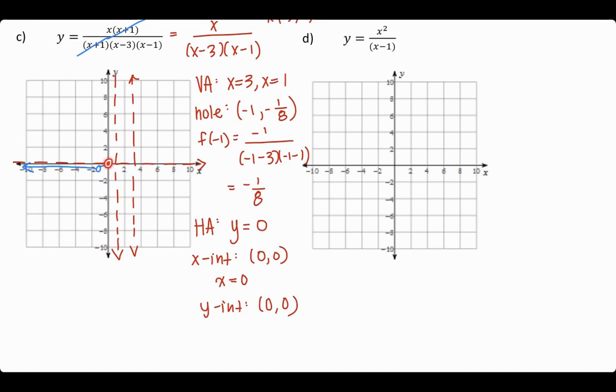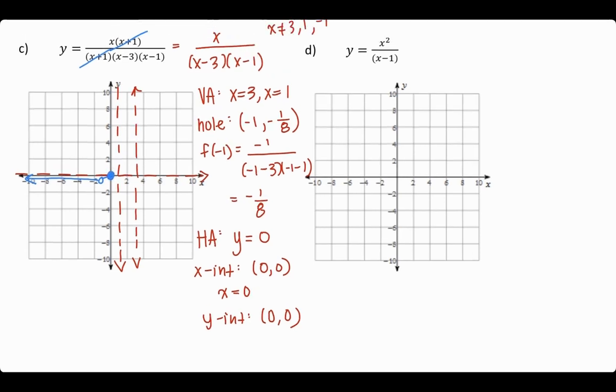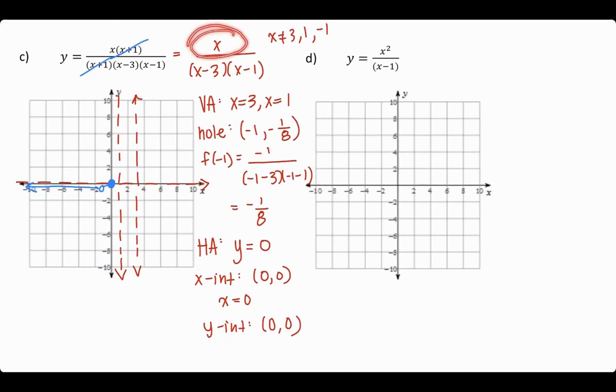How many factors in my numerator gave me x equals 0? This right here is just an x. It's not an x times x. So if we think about it, when we had a multiplicity of 1, when we only had the solution one time, did we cross through the x-axis or did we bounce off the x-axis? We crossed through. So this is going to end up following this one on top and not the one on the bottom.